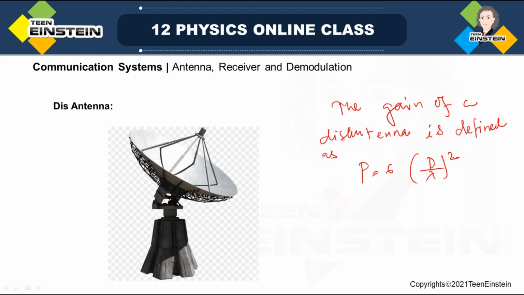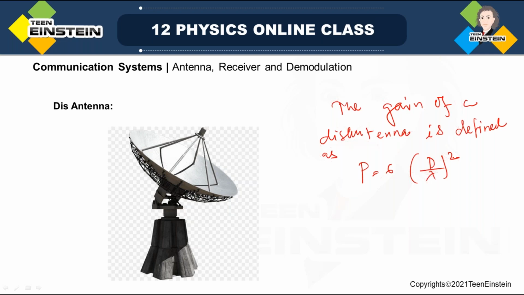So these antennas are used in radars and satellite communication. Radar actually uses microwave signals. So these are the uses of this antenna.